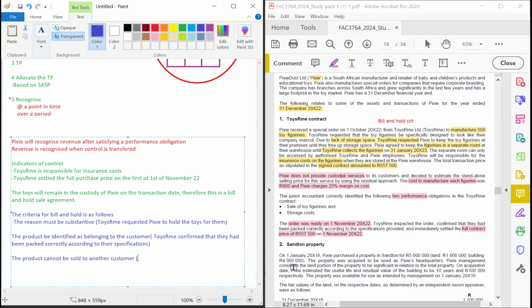These toys were manufactured according to their specifications, so it is specifically made for them, right? So the toys are designed according to the specifications of the customer, Treasury, right? So now remember we are dealing with revenue recognition, right?